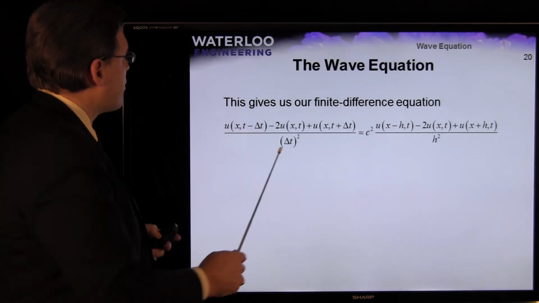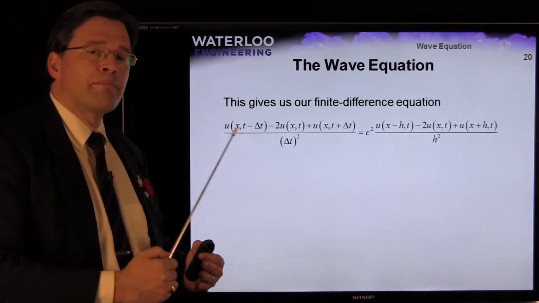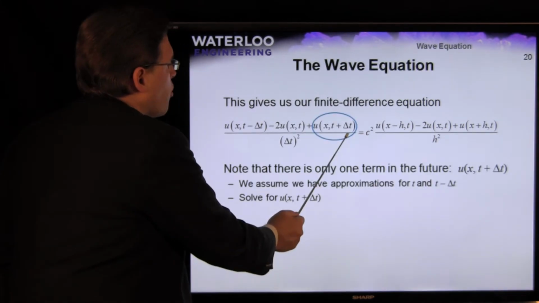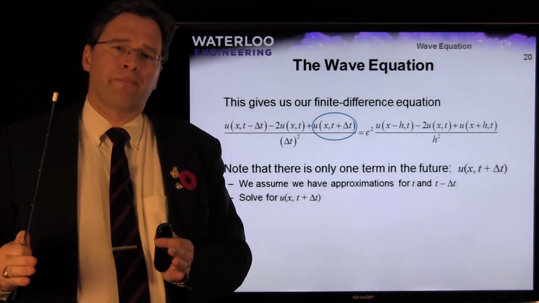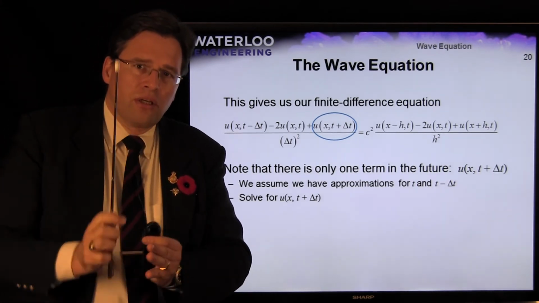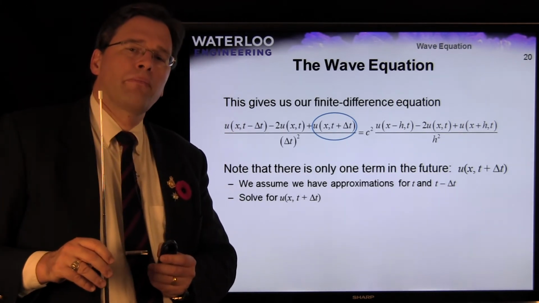All right, now if we take a look here, we have t minus delta t, a point in the past, t, and all of these are t. This is the only term here that is a point in the future. So we know the initial conditions, and we want to know what the system is like one step into the future.